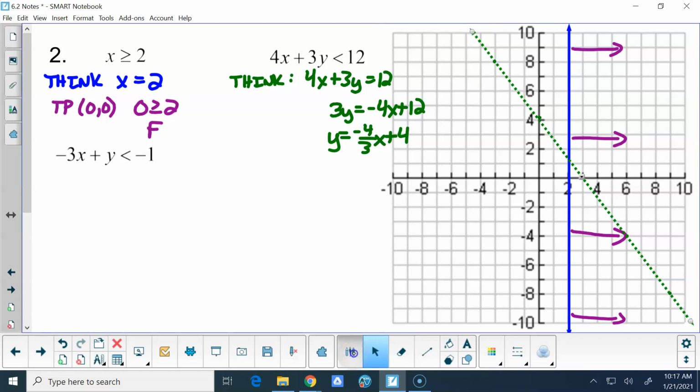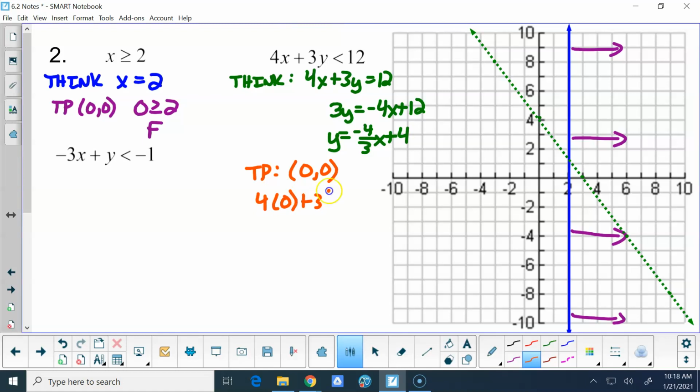It did not go through the origin. So 4 times 0 plus 3 times 0 is 0 plus 0 is 0. 0 is less than 12. That is true. So I would change this side of it.